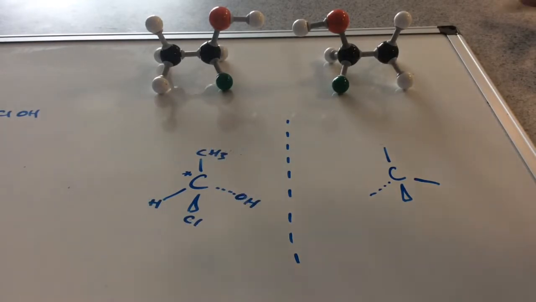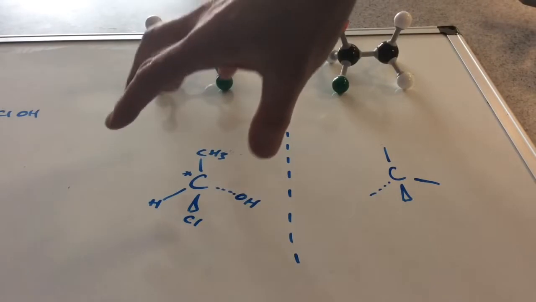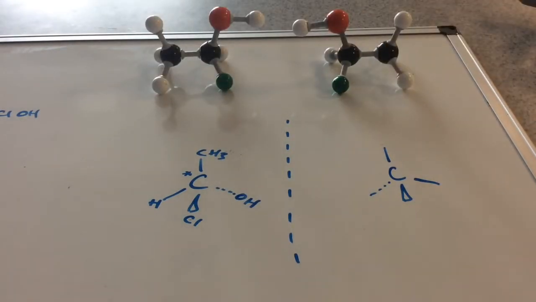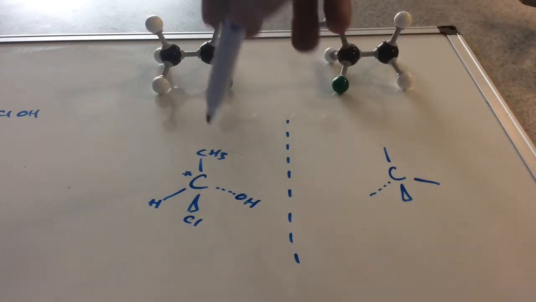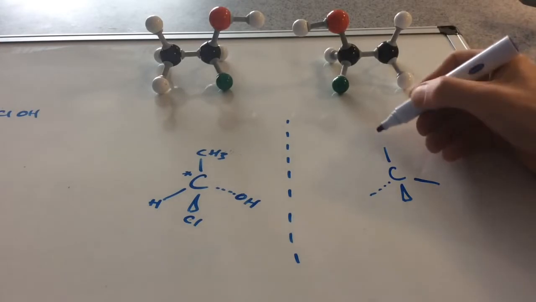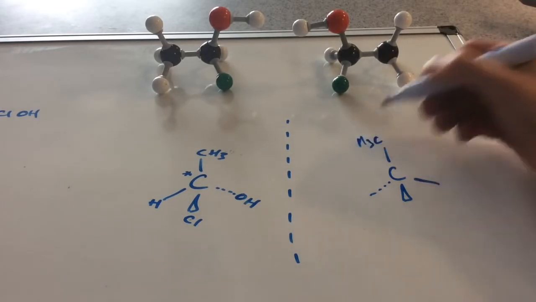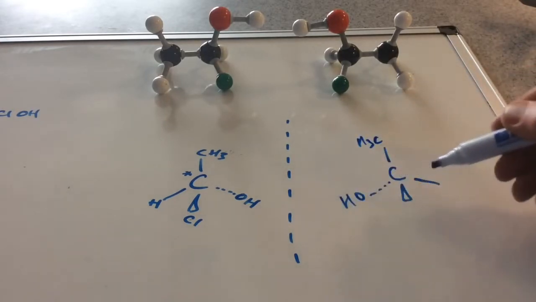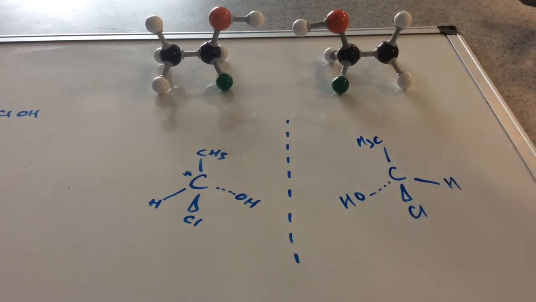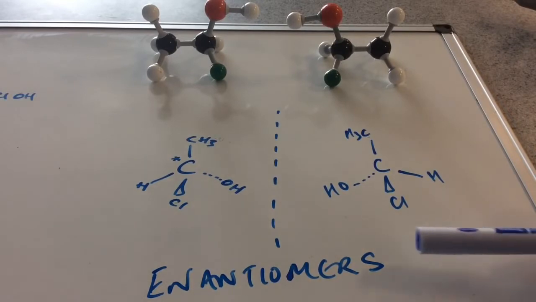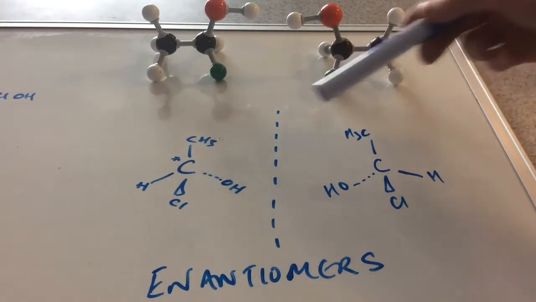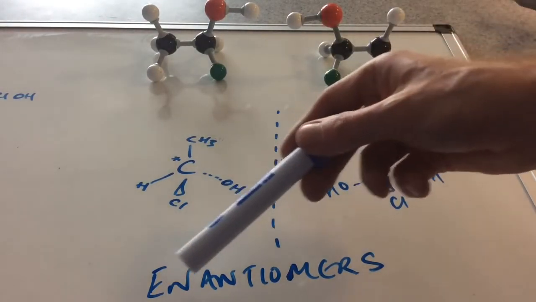And you can see I've rearranged the order of the groups on the chiral centre, and I just want to show you that it doesn't matter which way you draw these, as long as your mirror is the mirror image of your original molecule. So this would be CH3, so we've got an OH here now, we've got a Cl there, and we've got the H there. And a very important word you can see written up on the bottom, these optical isomers are known as enantiomers.